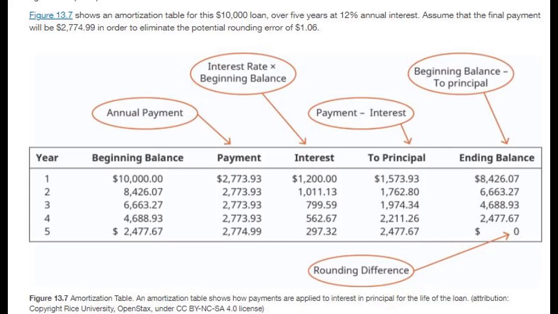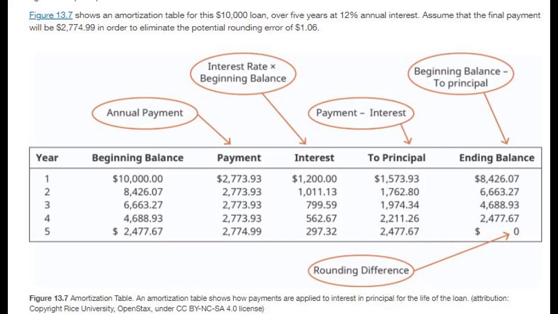That is a rounding difference. But had you not made that tiny additional payment for rounding differences at the end of year 5, then you would have had an ending balance due at the end of year 5 of about $1.